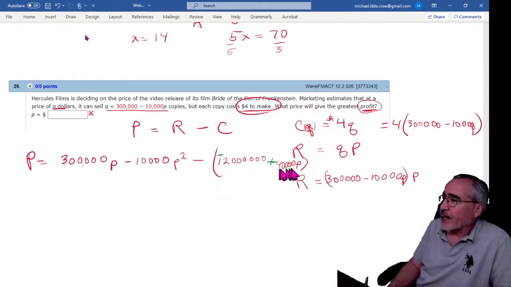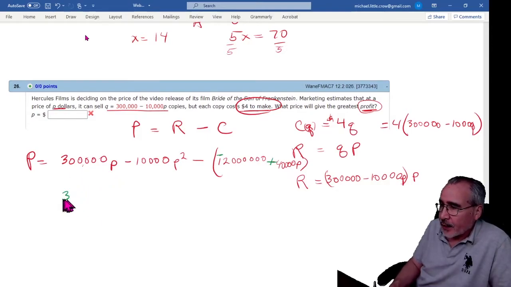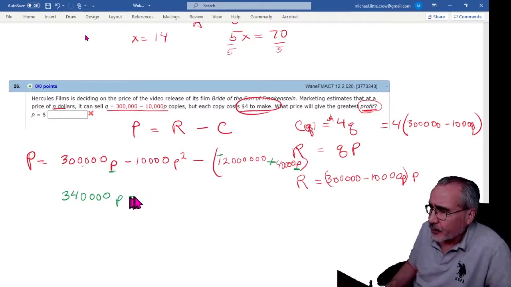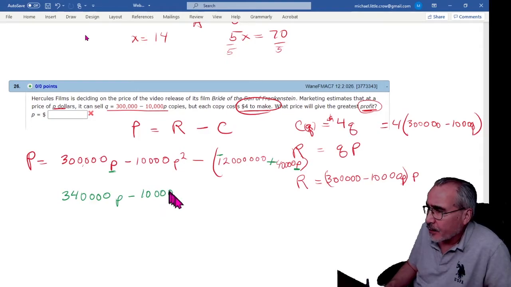So let's combine like terms. I've got a positive 40,000 P and I've got 300,000 P. Let's write that as 340,000 P, like terms here and here. I could put the quadratic first, but I didn't, so I'm just going to leave it here. And then we've got this minus 12 million.